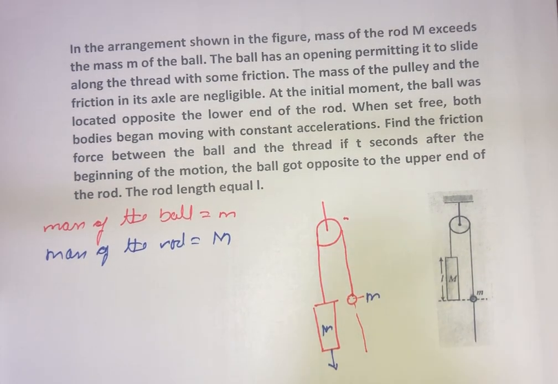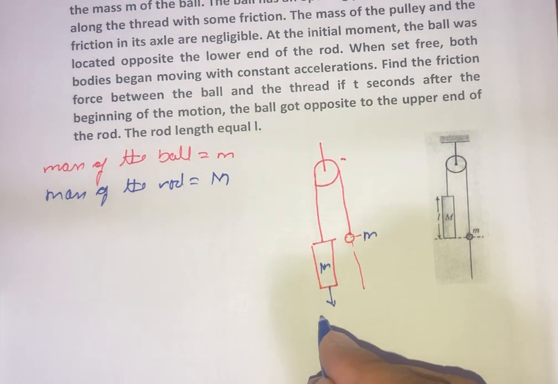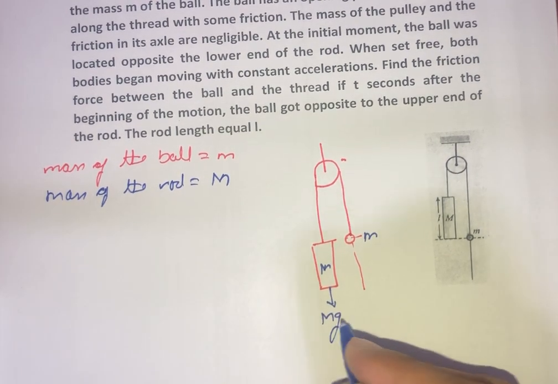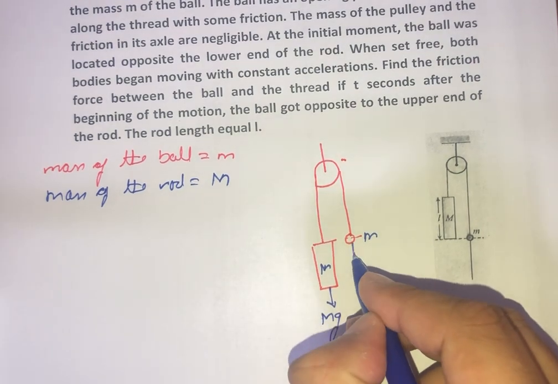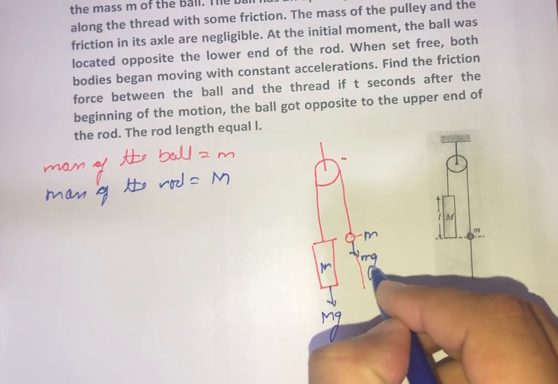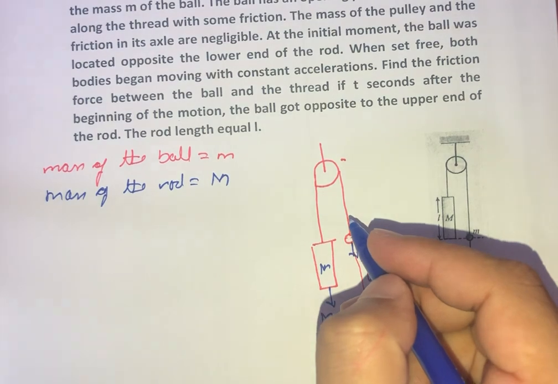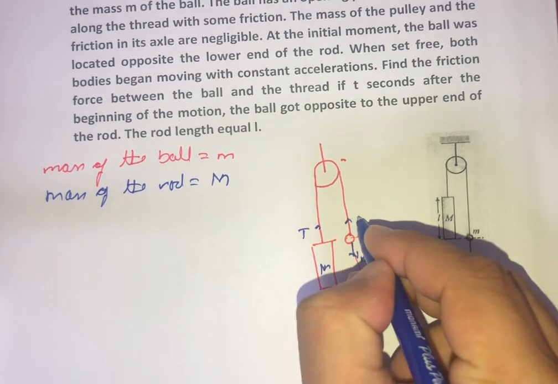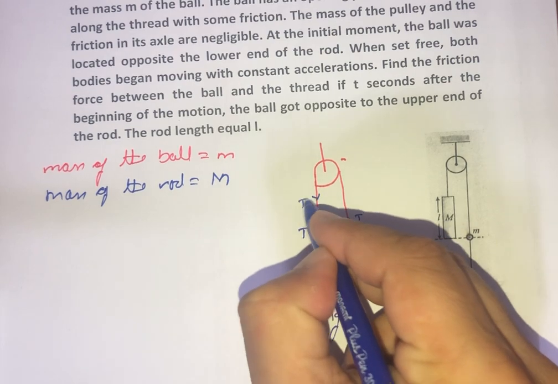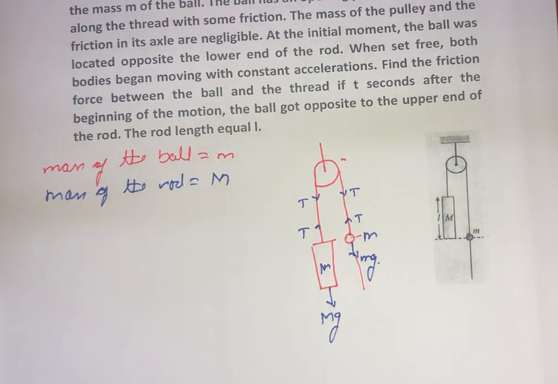So there will be a force acting in the downward direction, that is Mg, and for this small mass there will also be mg, and there is a continuous thread tension T, and let us suppose they have accelerations a1 and a2.